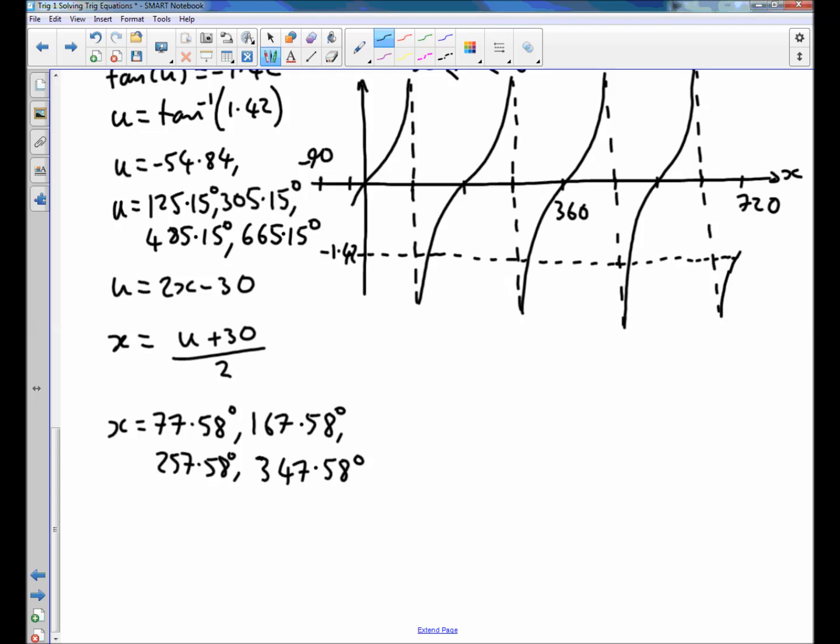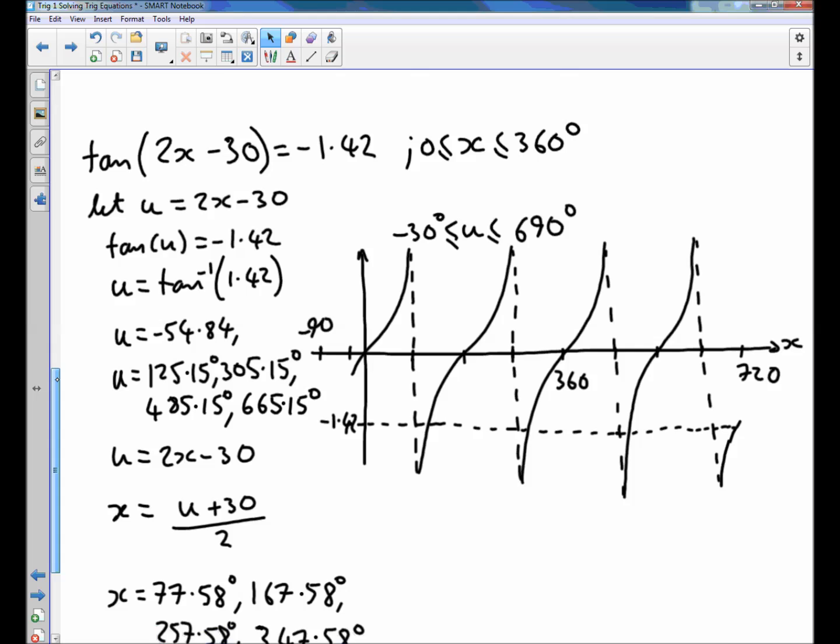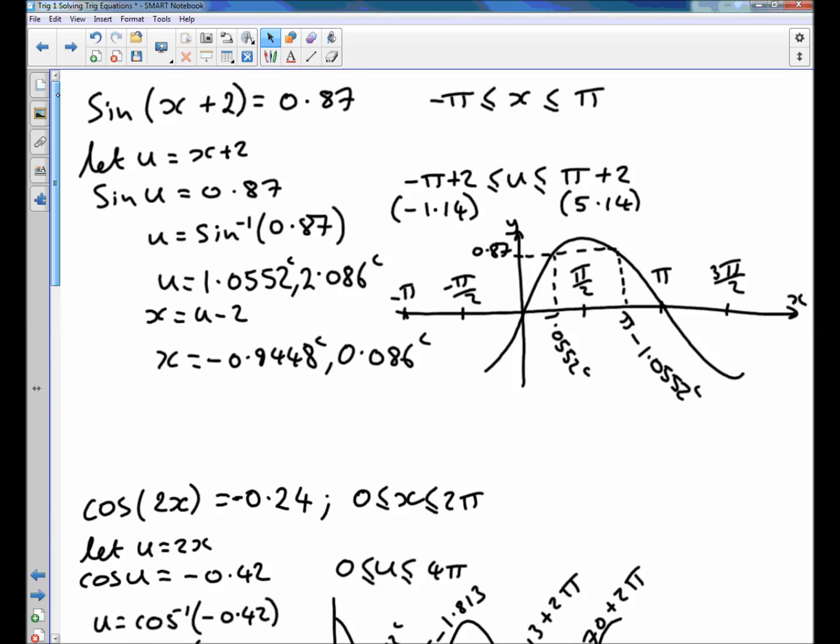So we have it, all four solutions. And that, ladies and gentlemen, is how we go about solving transformed trig equations.